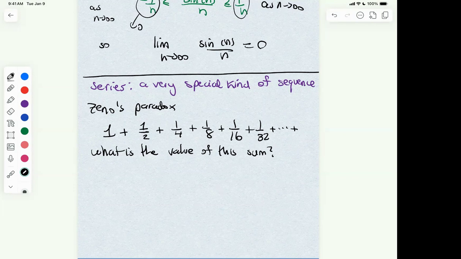Here's another one. This is one type of what will be called a series, by the way.